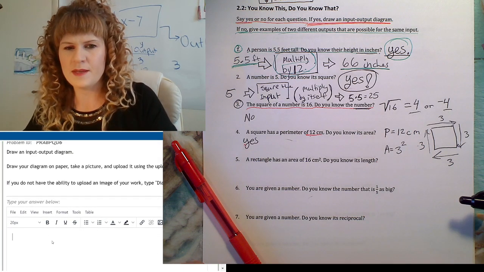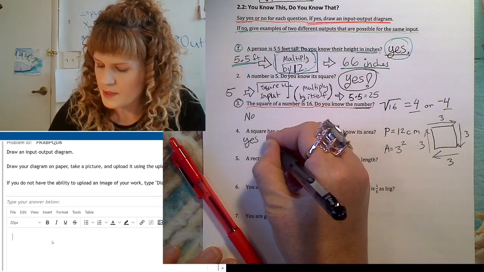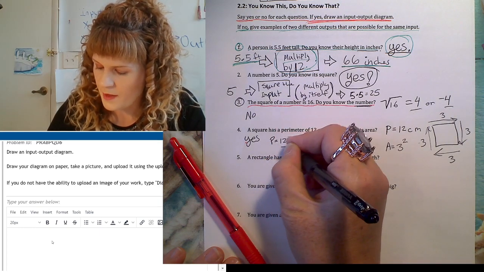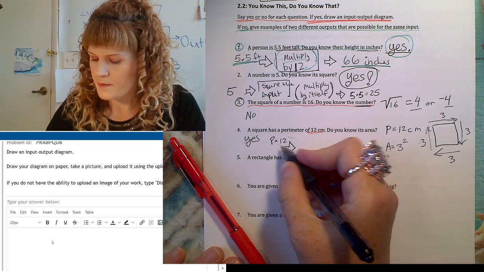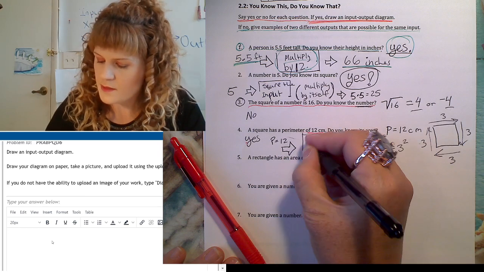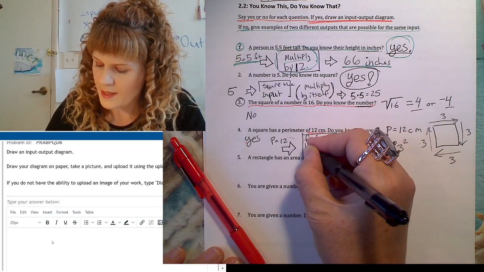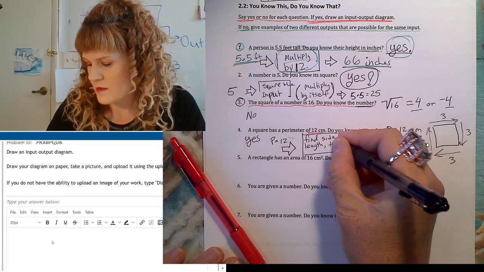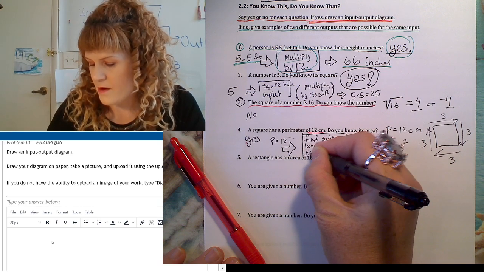Okay, let's draw the input-output diagram. So the input is perimeter equals 12. I'm going to write it that way. And then the rule in the box is going to be to find side length, then square the side length.